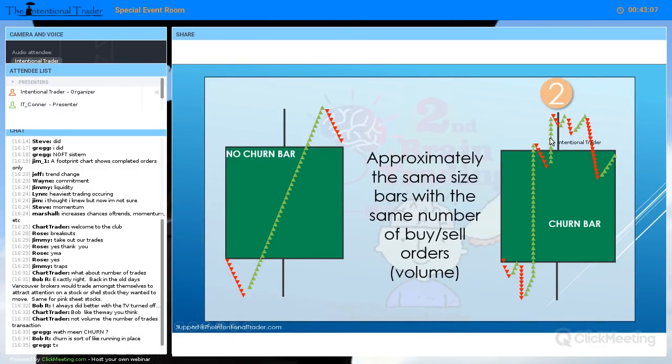So right here on this up bar, I have a very strong idea. I have very good information that tells me the sellers are about to take over because the buyers are exhausted and the sellers are just now jumping in. Make sense, everybody?